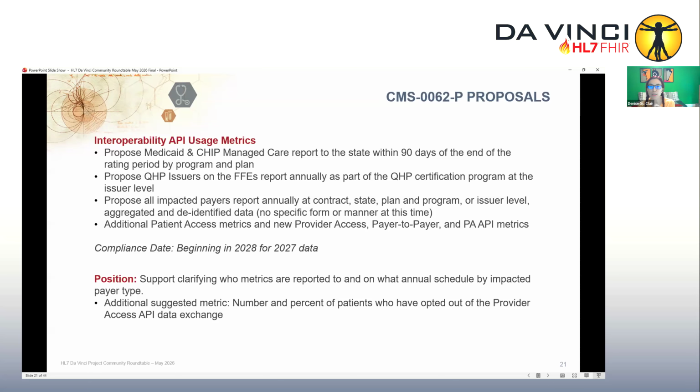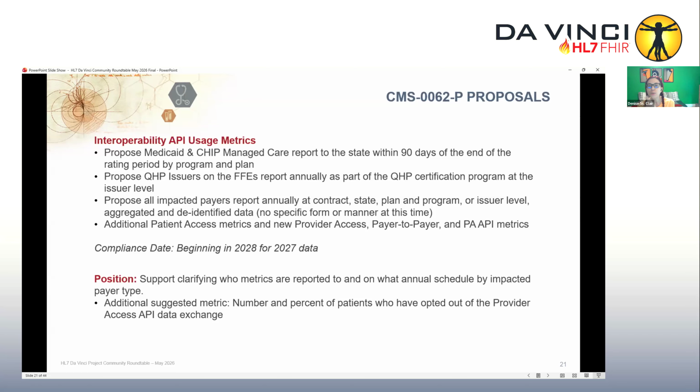So MA at the contract level, Medicare and CHIP fee-for-service at the state level, Medicaid and CHIP managed care at the plan and program level, QHP issuer at the issuer level. That they report this annually aggregated and de-identified data. They don't specify a form or manner at this time. We do indicate it would be good to do that sooner rather than later so folks are ready for this reporting.